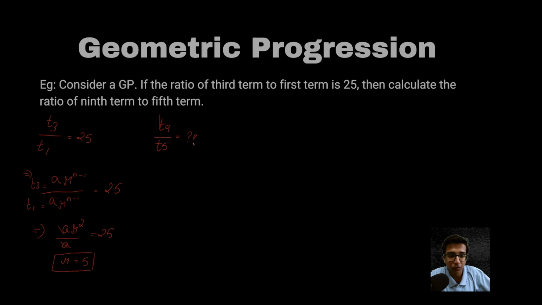Now let's find out what we have been asked in the question. T9 over T5 would become A r to the power 8 upon A r to the power 4. A and A would get cancelled out, and we would get the answer to be r to the power 4, which is equal to 5 to the power 4, and yes, this is our answer.